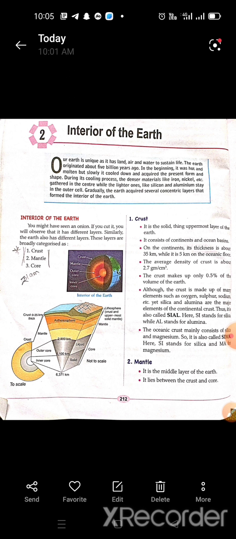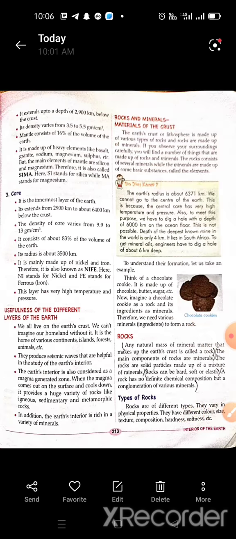Mantle is the middle layer of the earth. It comes between core and crust. It extends up to a depth of 2900 km below the crust. So from below the crust, its thickness or depth is 2900 km. It takes a huge area. Its density varies from 3.5 to 5.5 gram per centimeter cube.